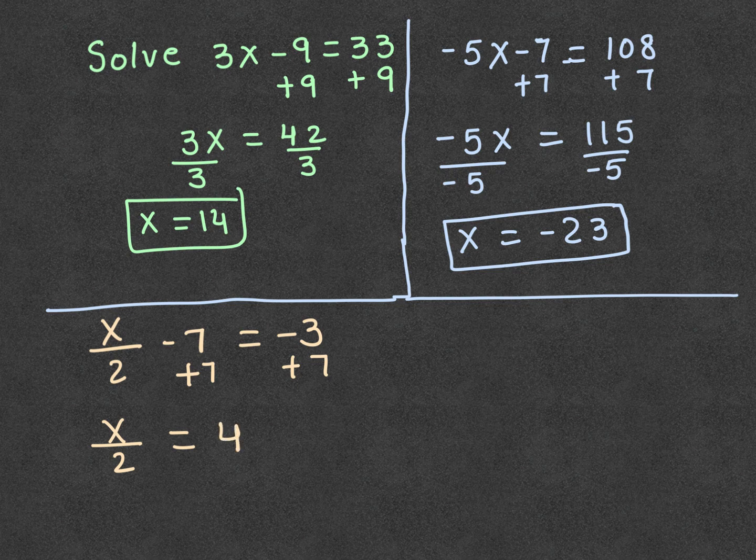To remove the 2 from the bottom, since it is dividing x, the opposite operation for dividing is multiply by 2 on both sides. So I'm multiplying 2 on both sides. The 2 and 2 get cancelled. You get x equals 8. 4 times 2 is 8.